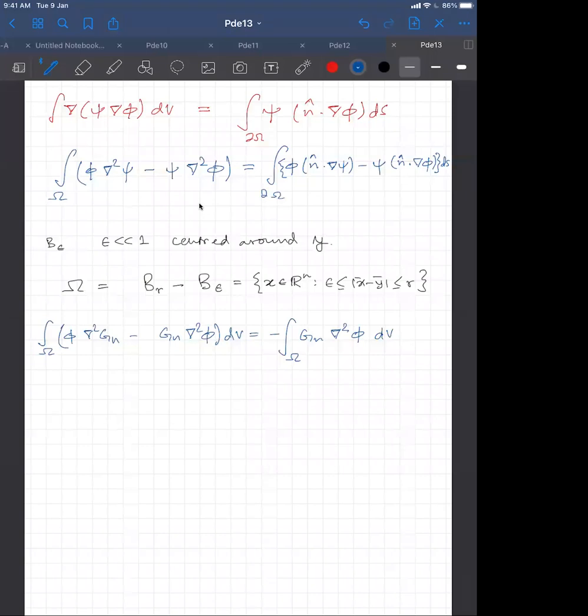This happens because, remember that del squared Gn is equal to 0.